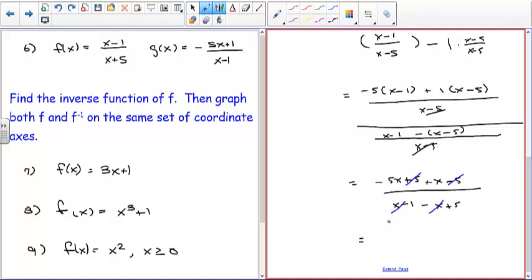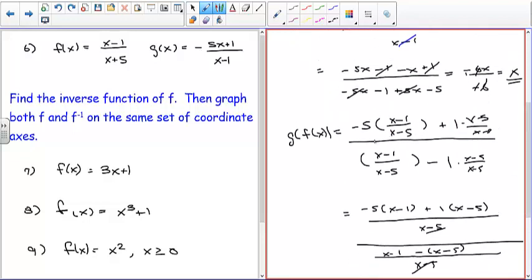And what you're left with in the numerator is negative 4x, 5x plus x, and then the denominator you're left with 5 minus 1, which is negative 4. It's actually positive 4, so what did I do wrong here? Because I'm going to end up with negative x, so I must have done something wrong. So let's go back and look at this.